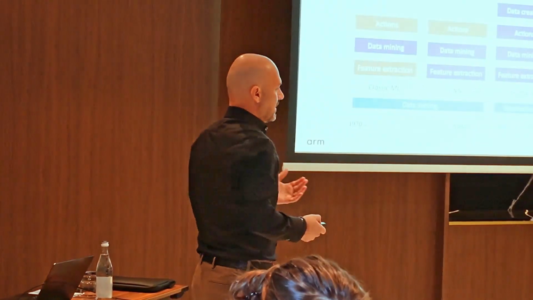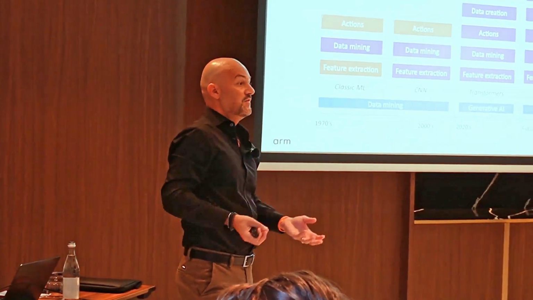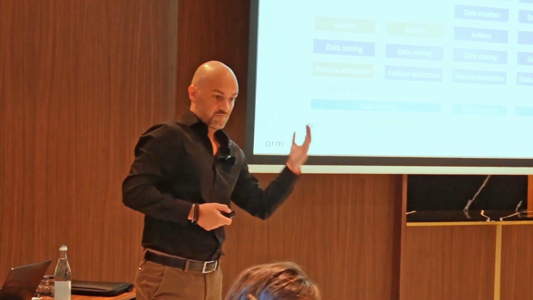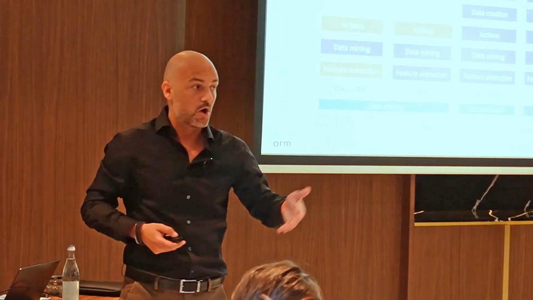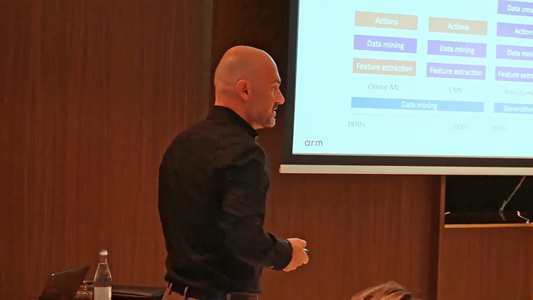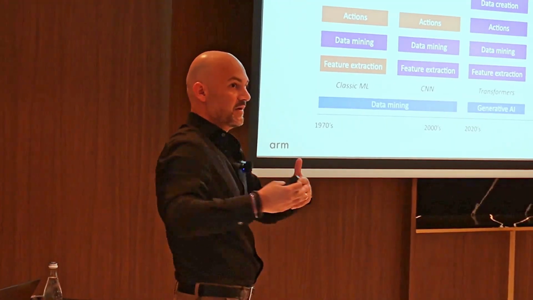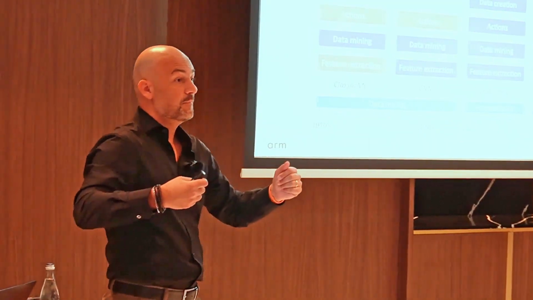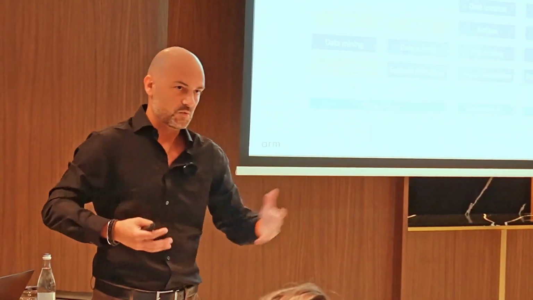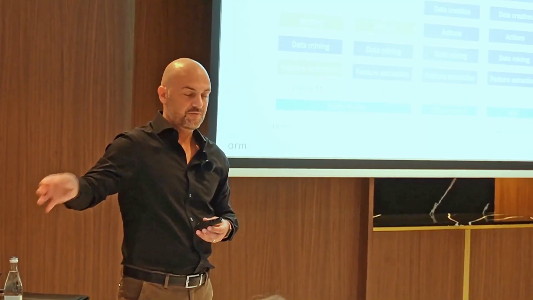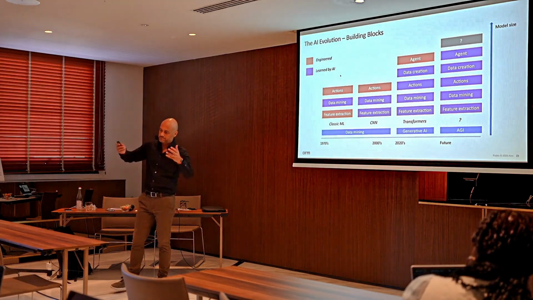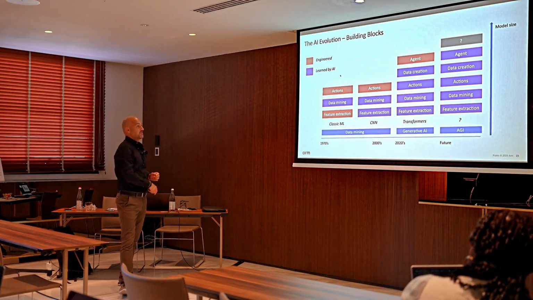So what happened is that we engineered the feature extraction. Very popular at that time was the HOG, the histogram of oriented gradients, for instance, to try to detect people in an image. With CNN, that was part of the model. The model was capable of performing the feature extraction, what you need as the input for the model, and the model at the same time became a bit larger as well.